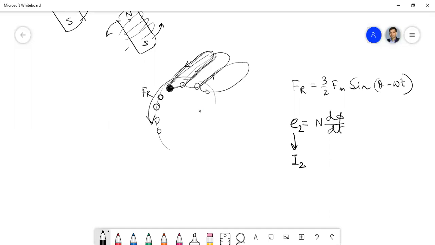If we take two consecutive rotor bars, you can think of a loop. In one loop, one current will flow; in the next loop, a different current will flow. Current magnitude may be the same, but there will be a different phase angle. You can think of it like this.